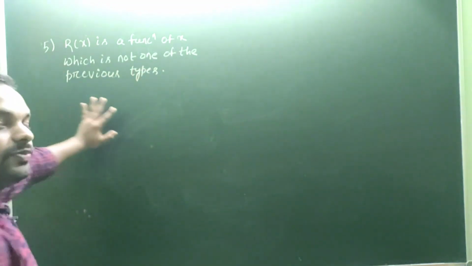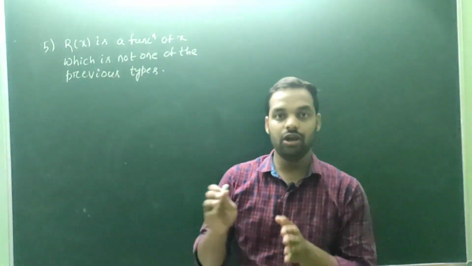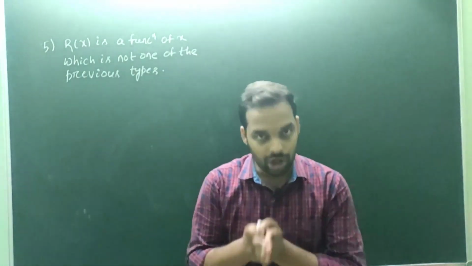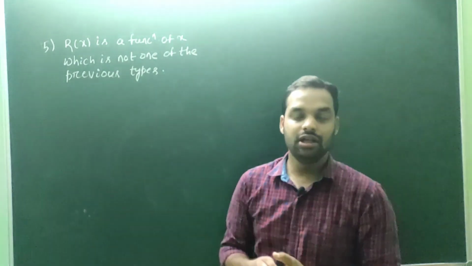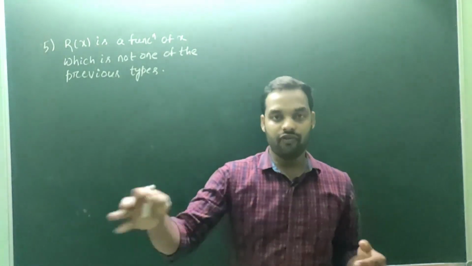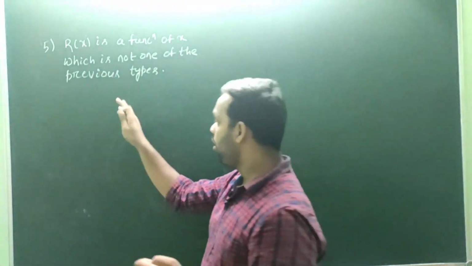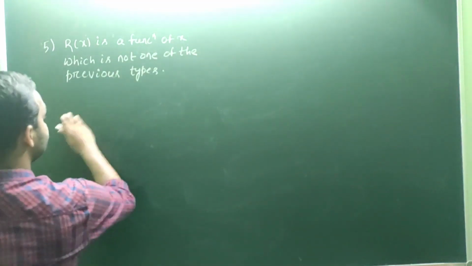So we have done four types of r of x in the RHS. One is exponential, one is sinusoidal, one is nth order polynomial, and recently I told you the multiplication of two functions, right? So all other functions will be in this category. So what you have to do in this case, let me write down.